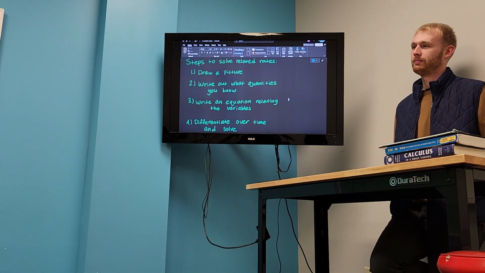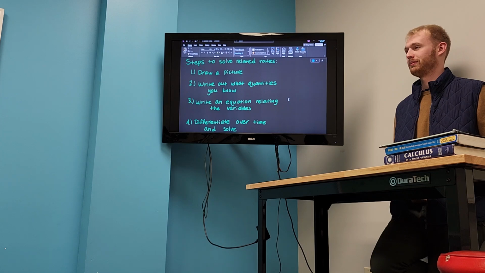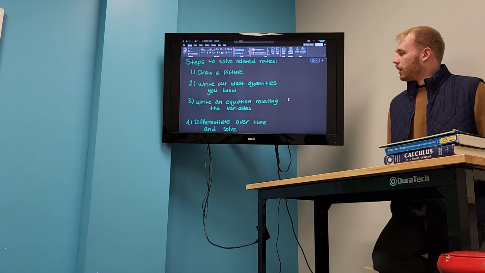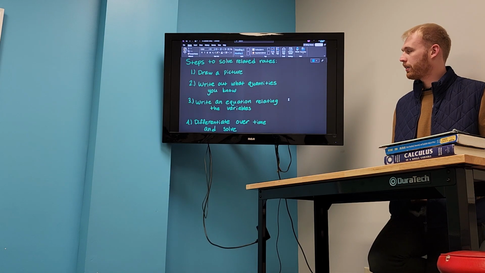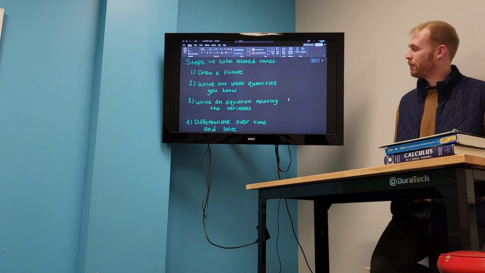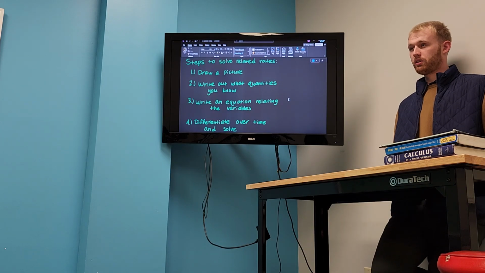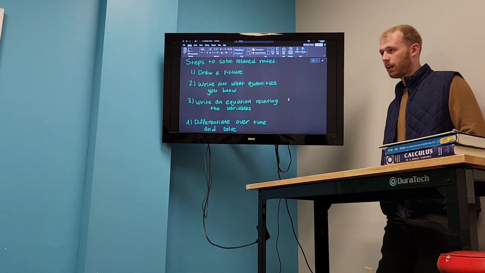Write out what quantities you know. I put these steps together to hopefully help organize what you'll need to do every time on a related rates problem.